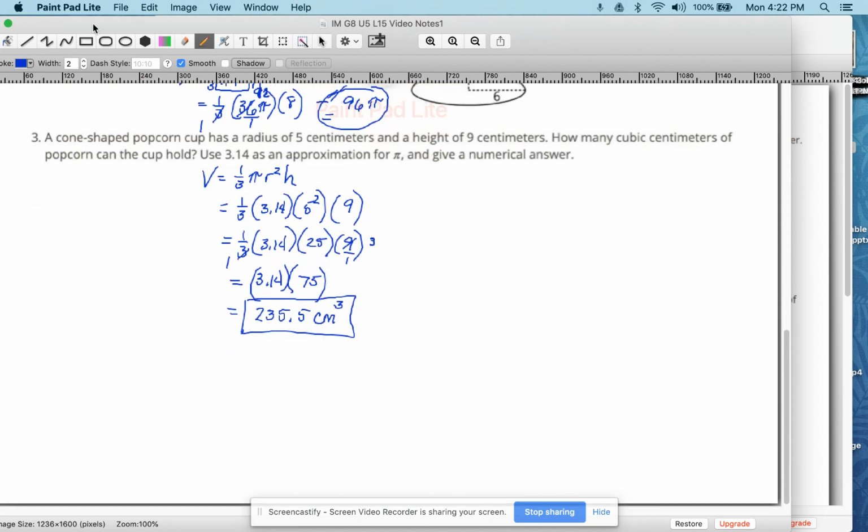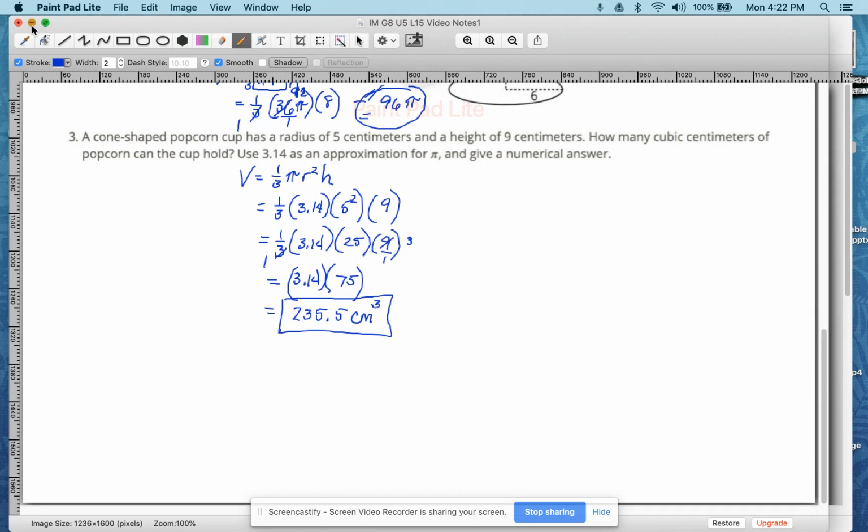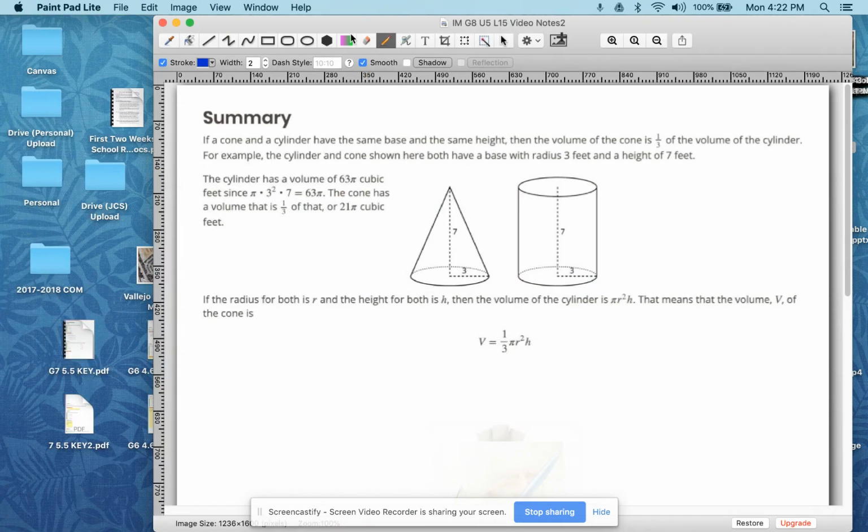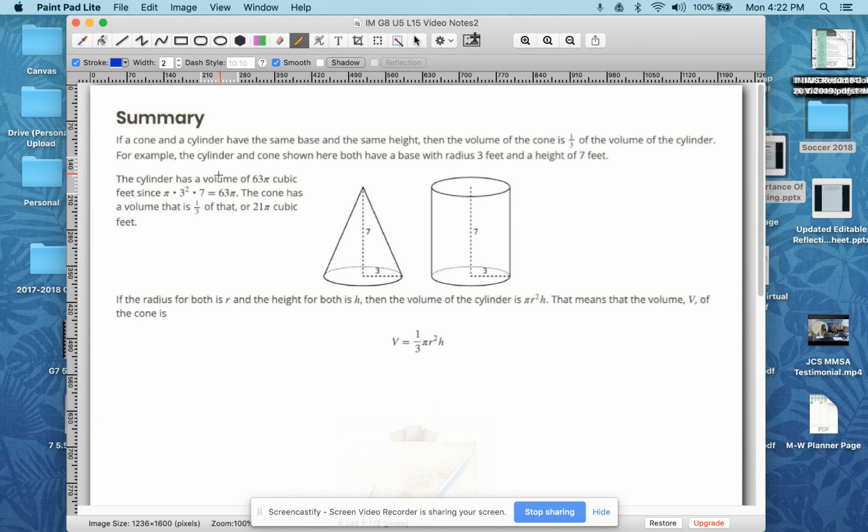So let's take a look at, I believe, our summary, because that's a pretty short lesson. This one says, if a cone and a cylinder have the same base and the same height, the volume of the cone is 1/3 the volume of the cylinder. But again, it has to have the same base and the same height. That's the important part.